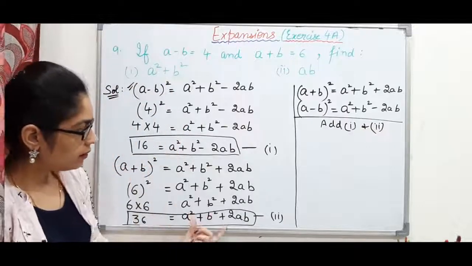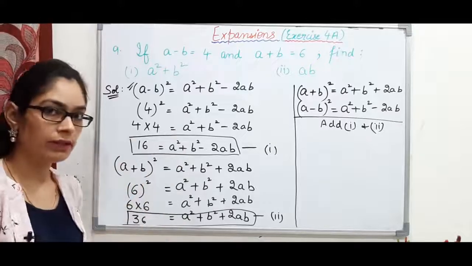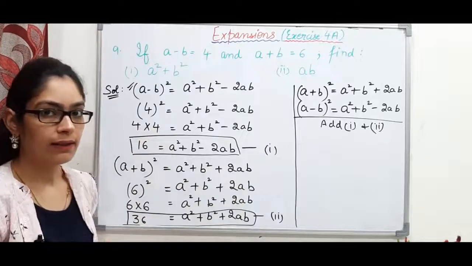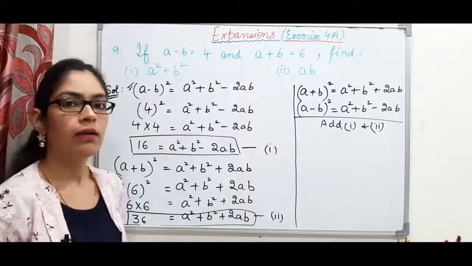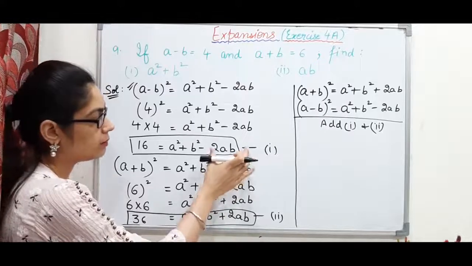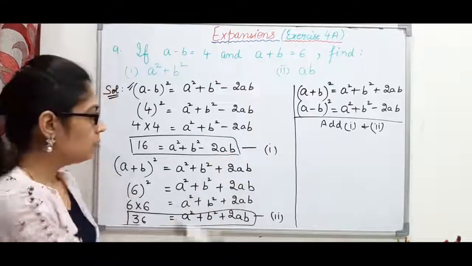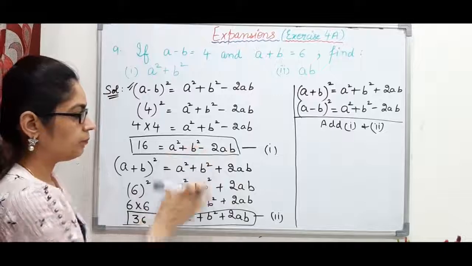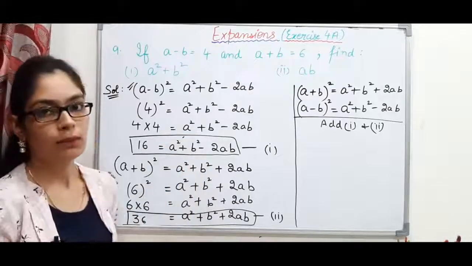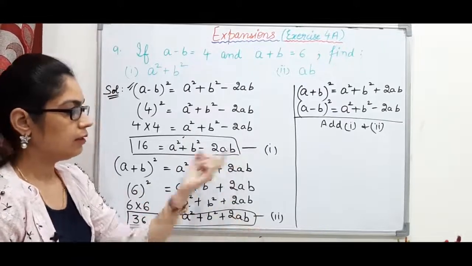While adding any two equations, the left hand side should be added to the left hand side and the right hand side to the right hand side. How will we know that we have to add? Here one term is in minus and the other term is in plus, so both of these will get cancelled. So we will be left with only this. If we add these two equations, we can get the value of a square plus b square. That is why we have to add, because one term will get cancelled.